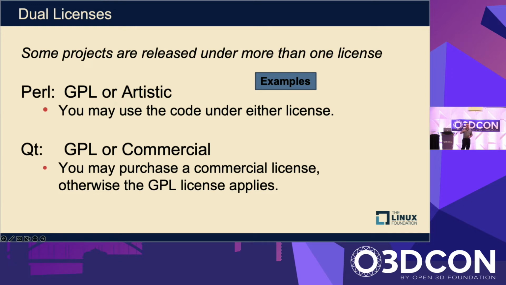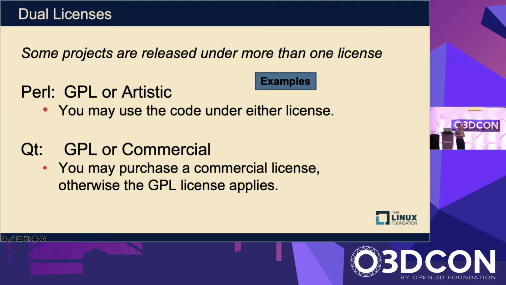So the downstream user has a choice of using that code under one license or the other license. So both licenses are there in the code, in the project information, and the user gets to make the choice. So that's the most common application of a dual license.